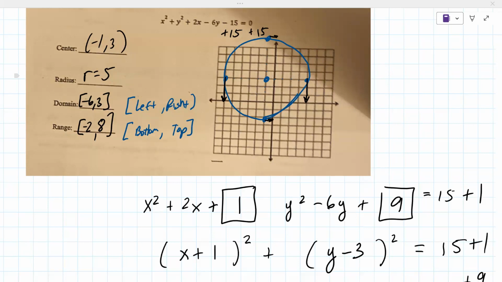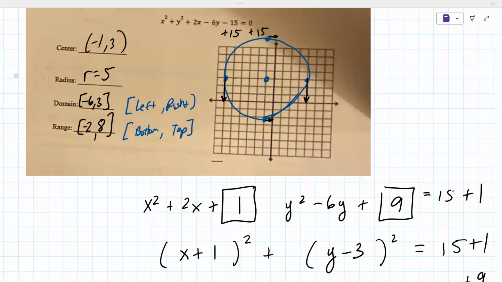So then for domain, I'm gonna write most left and right x coordinates.